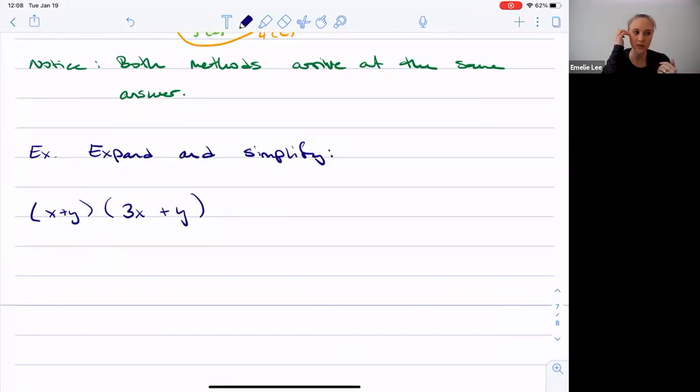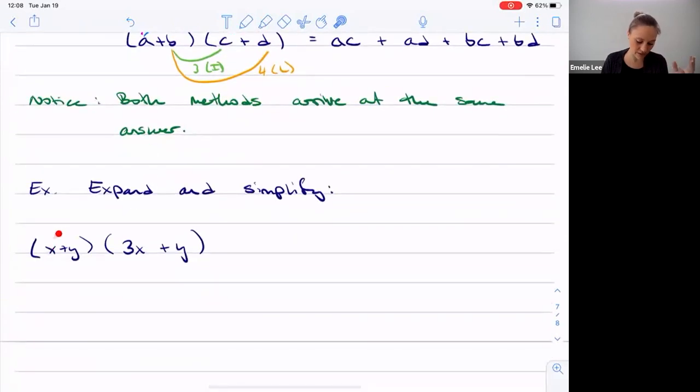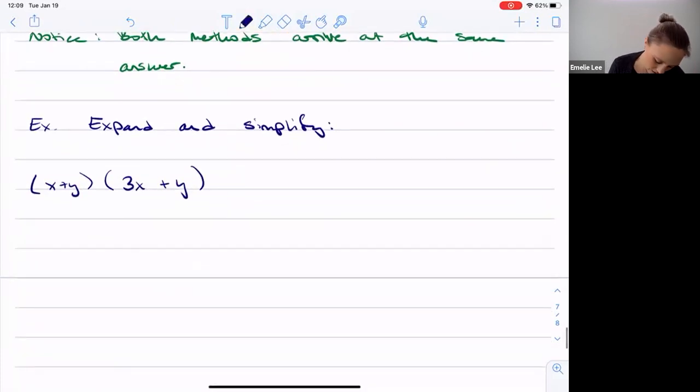So what I need to do is, like I said, use this method where I go from the x times 3x plus x times y plus y times 3x plus y times y. So you just work through them methodically. When you're done with the first term in the first block, you move on to the second term and expand it out. So this becomes x times 3x.